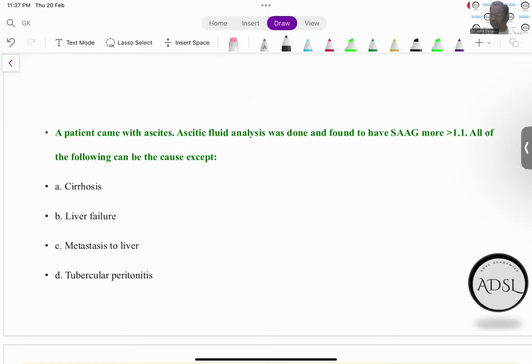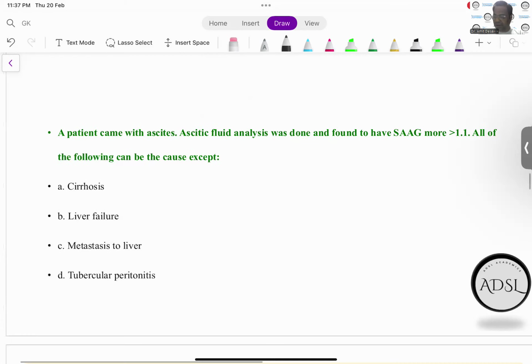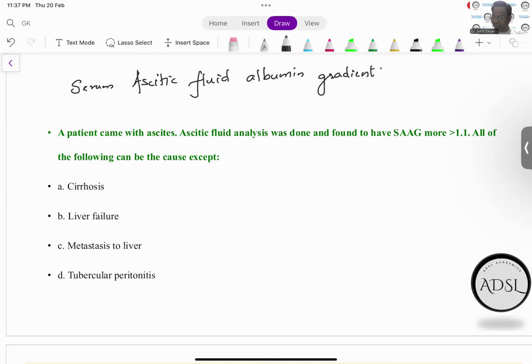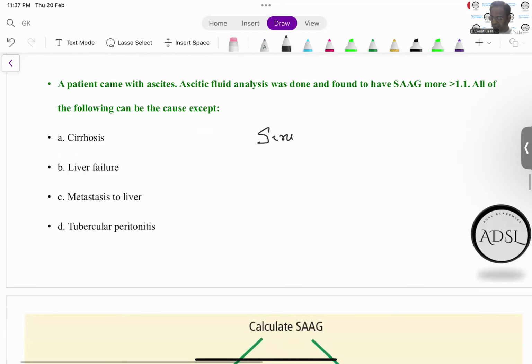Now, what do we mean by SAAG? It is serum to ascitic fluid albumin gradient. So you have serum albumin on one side and ascitic albumin on the other side.